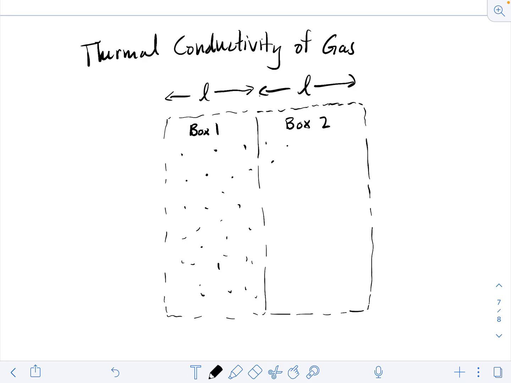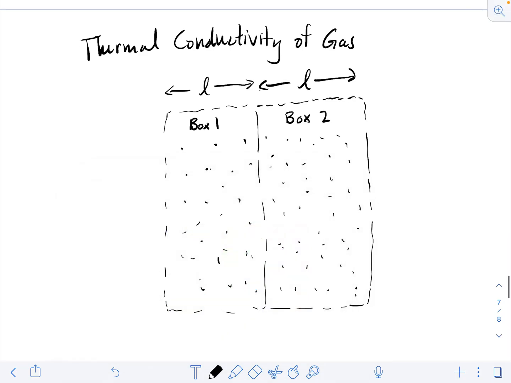And so there's some gas particles initially in box 1, and some gas particles initially in box 2, and they can pass through the boundary that separates the two boxes. And I want to imagine the center of this first box.